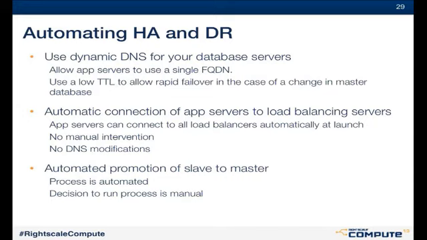You want to automate the connection of your app servers to your load balancers. Anybody using the RightScale tool set knows we've already got that built in, right? You basically launch these things, and they connect up. If you need to launch a new load balancer, it'll say, hey, who's down there that wants to connect to me, right? We've got all that automation in place for you. Obviously, no manual intervention. I mentioned this in the deployment checkup presentation earlier.